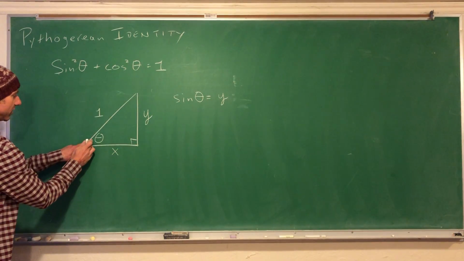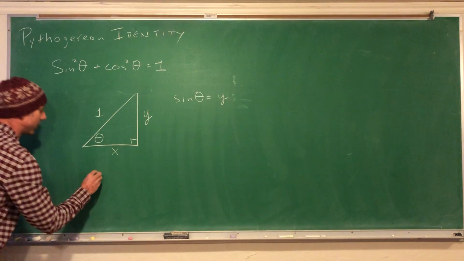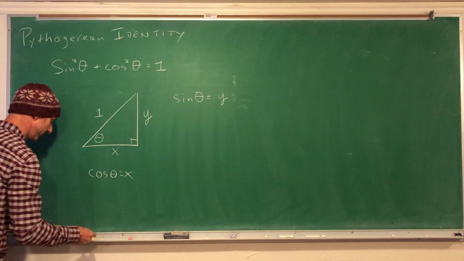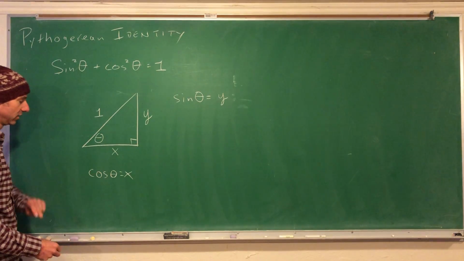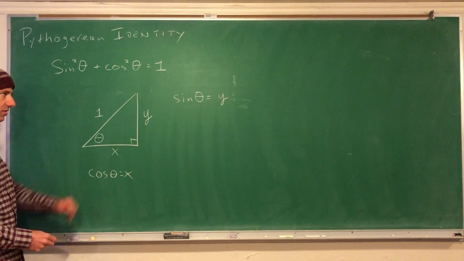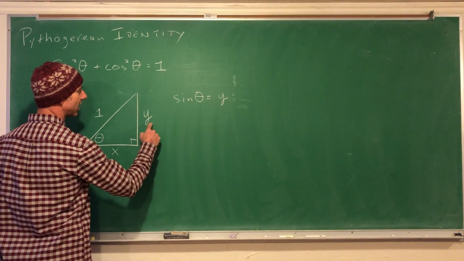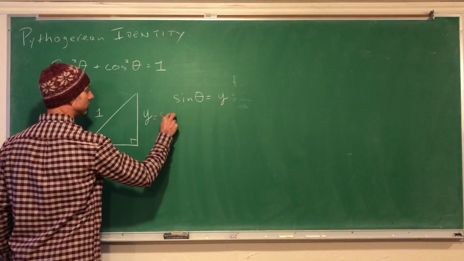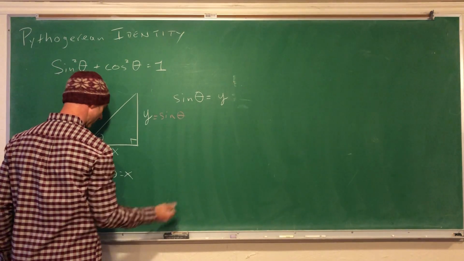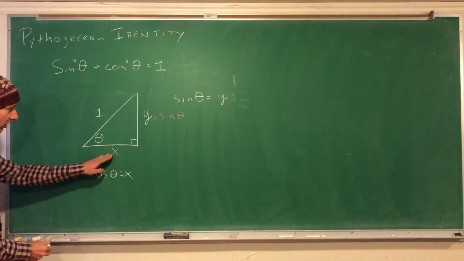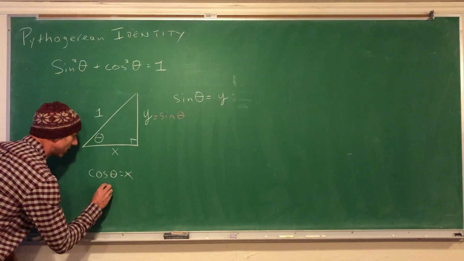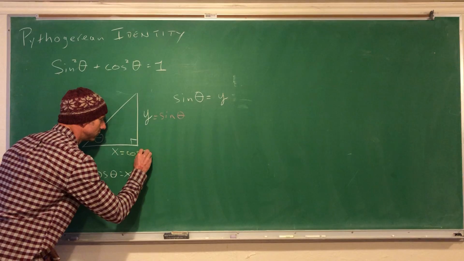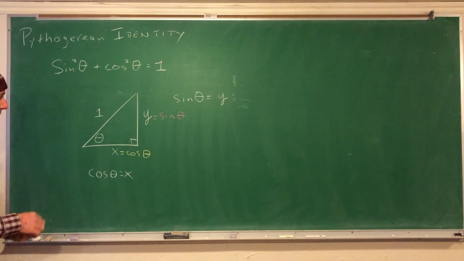And then cosine theta, adjacent over hypotenuse, is x. Now I wrote them on the sides here because this side, which equals y, is just sine theta. And this side over here, which is x, is cosine theta. So keep that in mind.